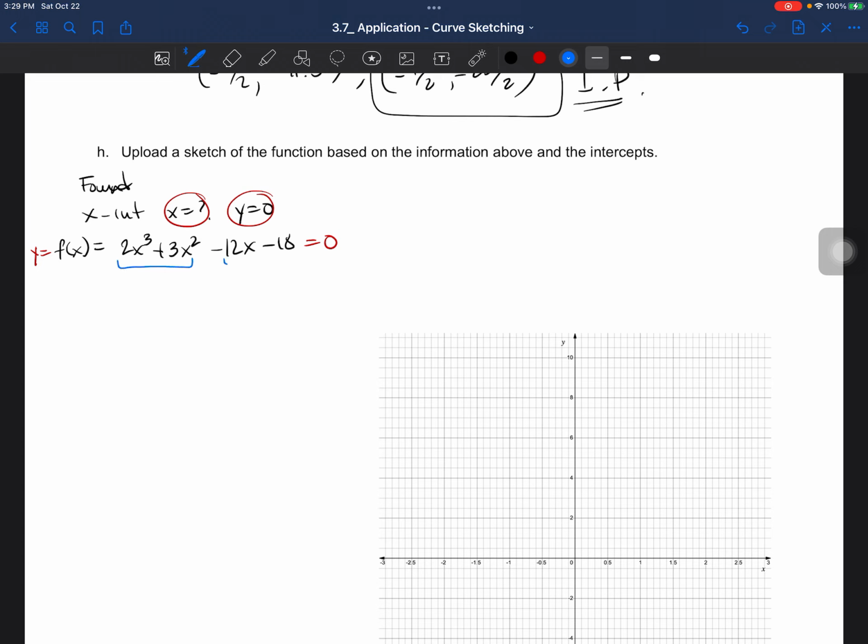So this is kind of odd, but this is a long function. But one of the techniques that we learned in factoring was factoring by grouping. So what we're going to do here is focus on the first group and focus on the second group independently of each other. So look at the first group and see what common factors they have. Obviously x squared is a common factor between both of them. If you factor an x squared out of those first two terms, you're going to be left with 2x plus 3.